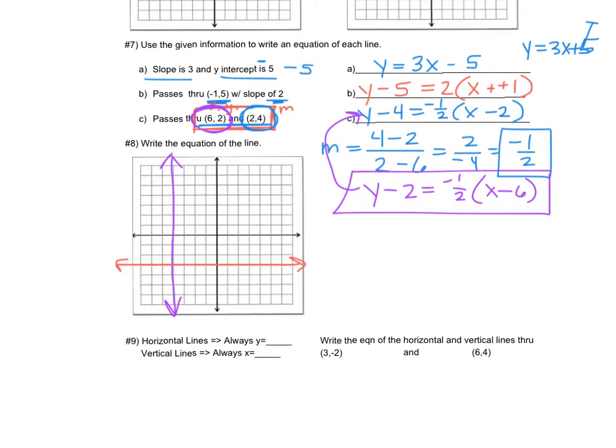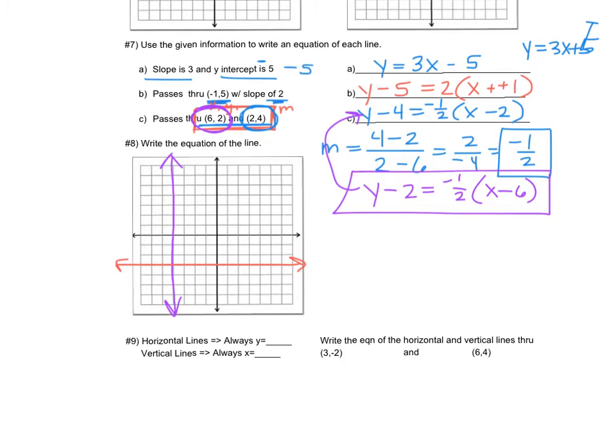Okay, if we're going to write the equation of the purple line, what I want you to think about is, not where is that purple line, but what doesn't change on that purple line? The slope doesn't. What's the slope? Undefined. Okay.